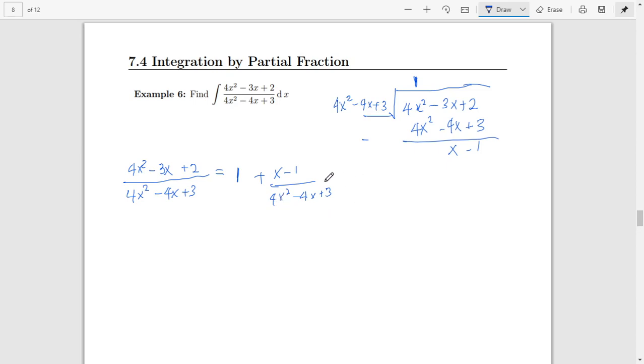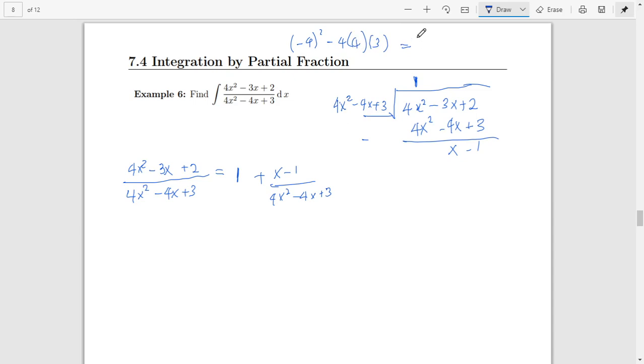Well, for me to check, I'm going to check whether my b squared minus 4ac is less than 0. I'll do that somewhere. So my b squared is minus 4 all squared, minus 4a here will be 4 and my c is 3.